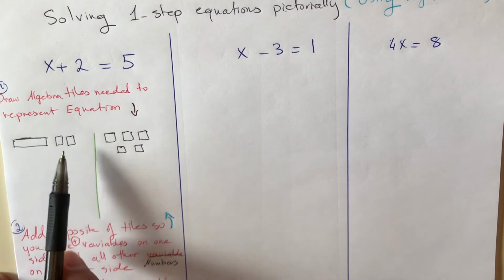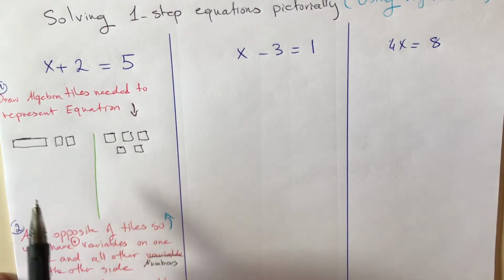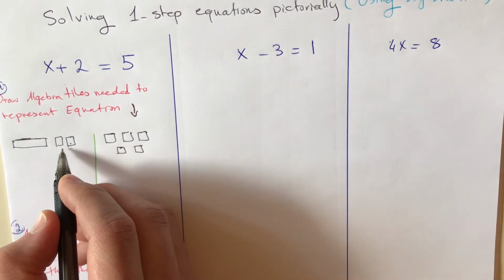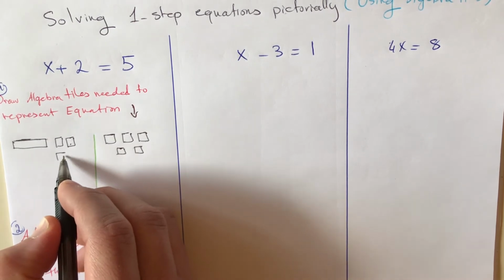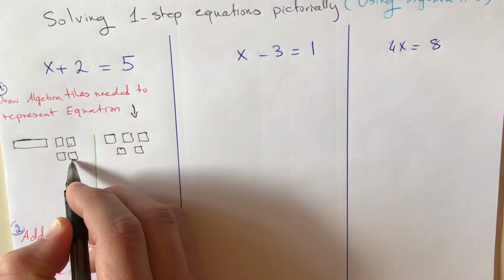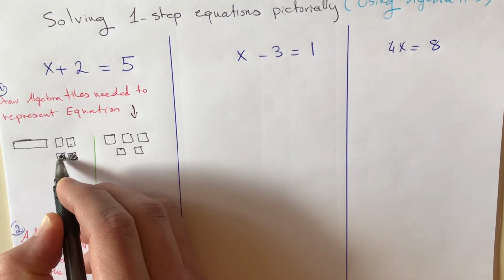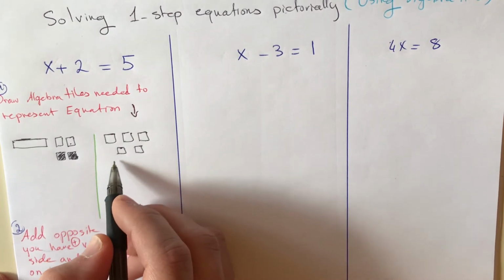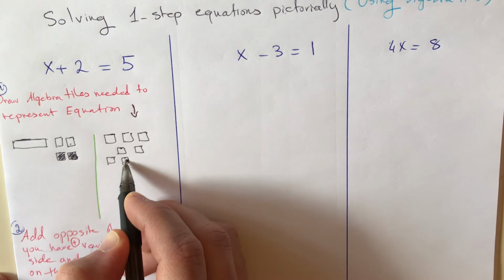In this case we have the x and we want to keep the x by itself, so we want to get rid of those two plus ones, so you want to do the opposite of that. If you have two plus ones, you add two negatives. If you have two negatives, you add two positives. But what you do to one side, you have to do to the other side, so that would also be added here.